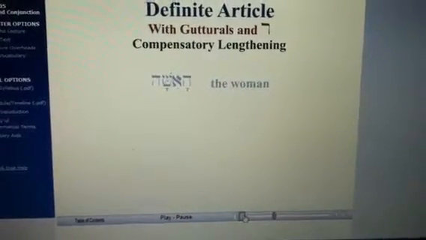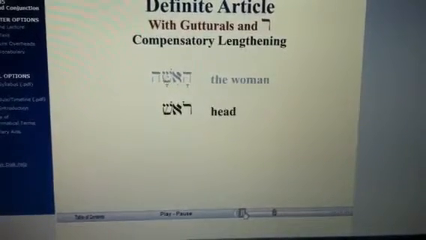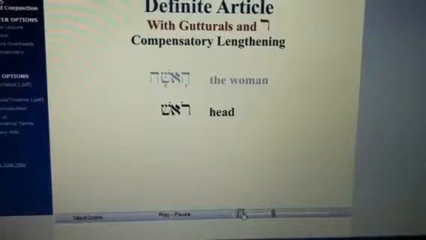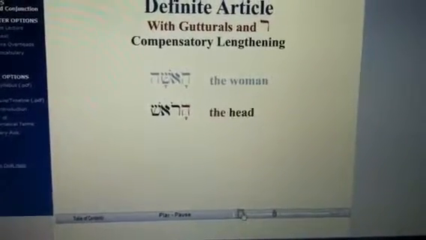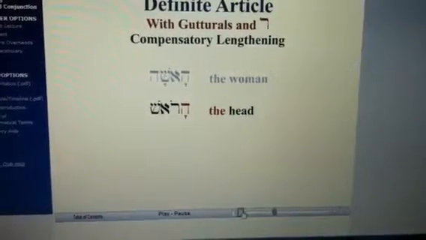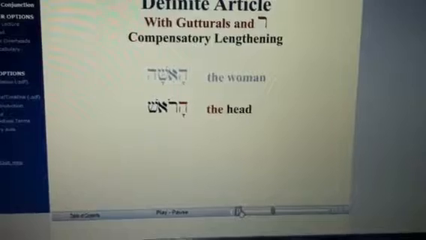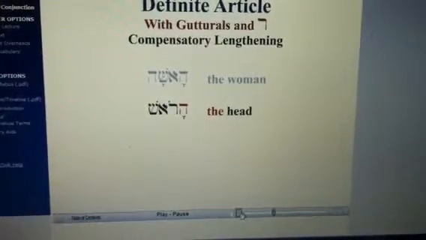The noun meaning head is rosh. You understand that resh cannot take a dagesh forte. With the definite article, the form is pronounced ha-rosh, the head. Note the qamets under the hey by compensatory lengthening.